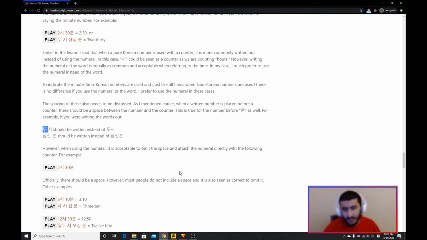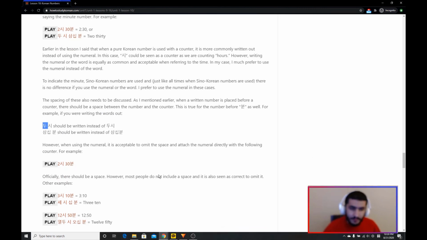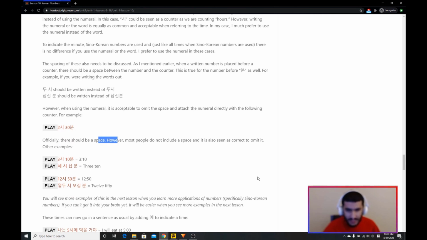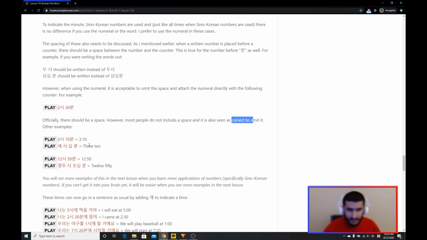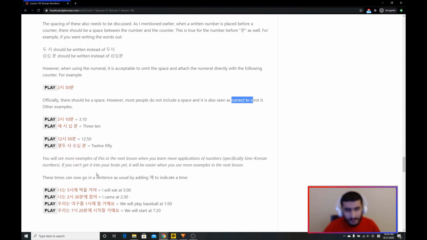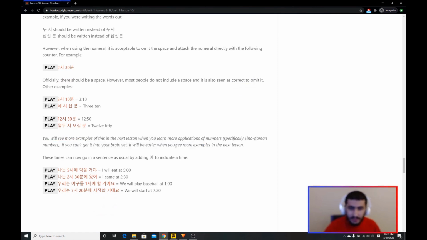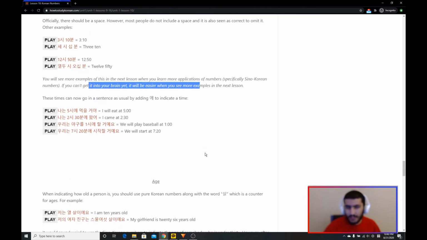However, when writing the numerals, you can omit the space. Officially, there should be a space. However, most people don't put the space, and it's also seen as correct to omit it. So you can put 10분, and there wouldn't be a problem. You will see more examples of this next lesson when you learn the applications of numbers. If you can't get it into your brain, it'll be easier once you see more examples next lesson.